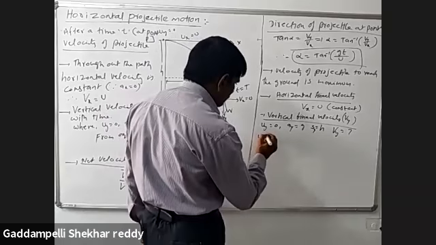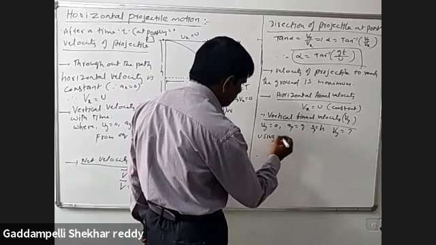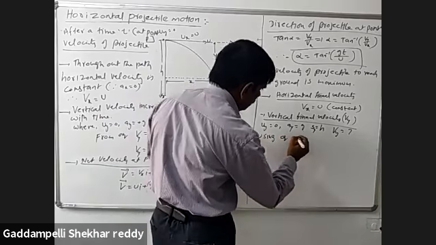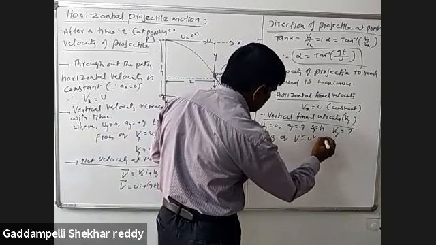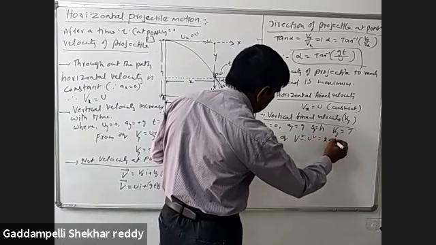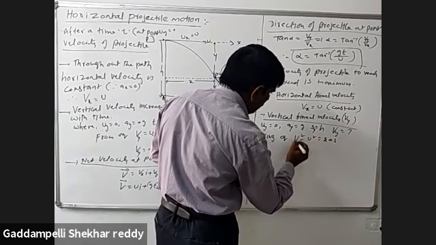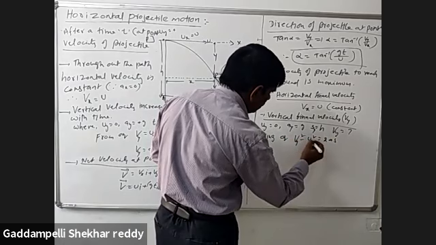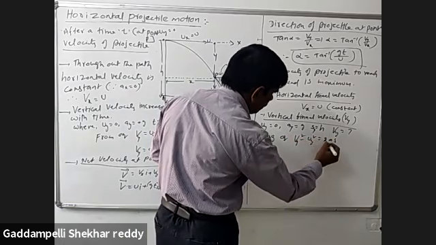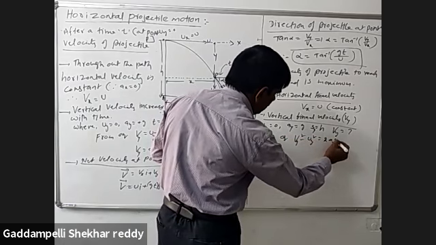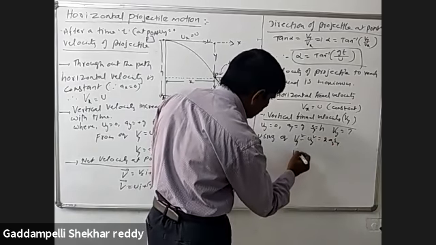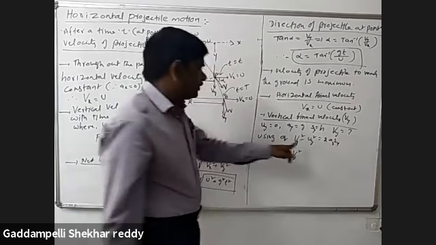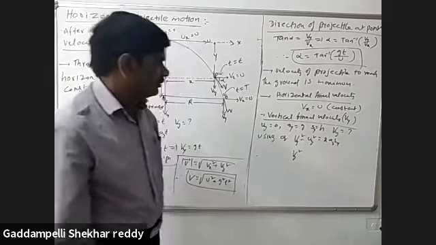Now using the equation v square minus u square is equal to 2as, where v square means Vy square, u square means Uy square, and 2 ay sy. So here Vy square only, this term becomes 0, Uy is 0.